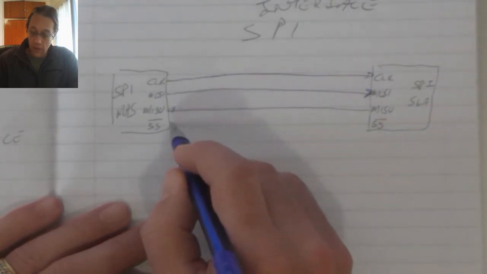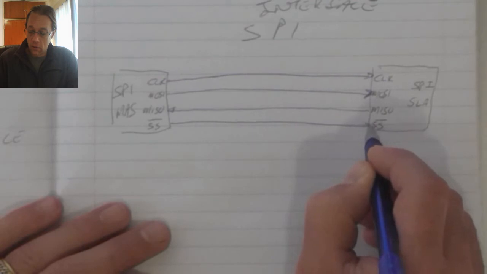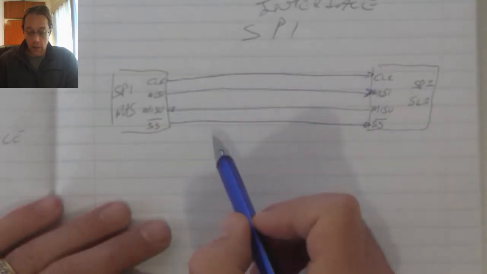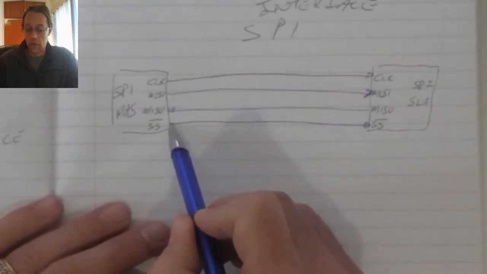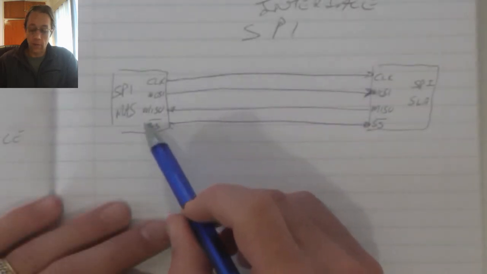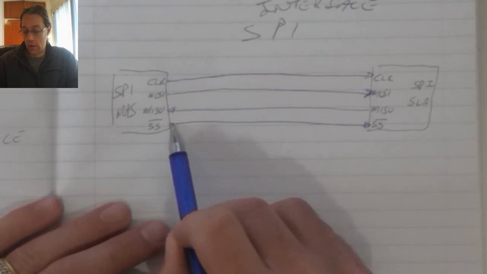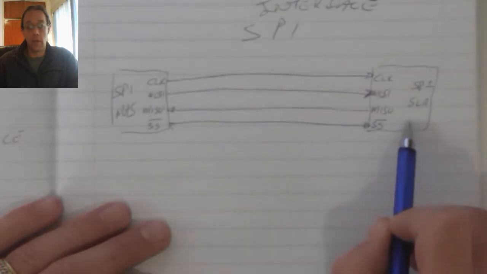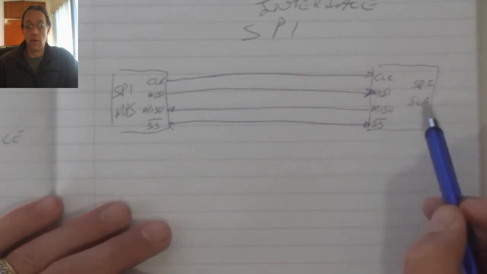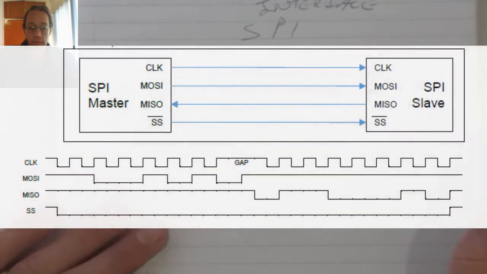And then the slave select: when it is high, the slave does not listen to the master, but the moment it is put on low, it activates the slave, and that will indicate to the slave that it has to receive data.